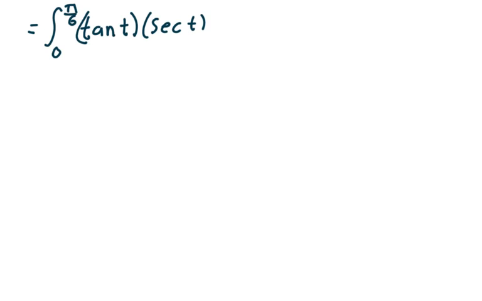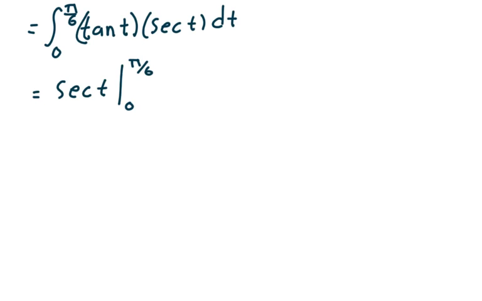So this is the integral from 0 to pi over 6 of tangent t times secant t dt. But directly speaking, this is secant of t evaluated from 0 up to pi over 6.